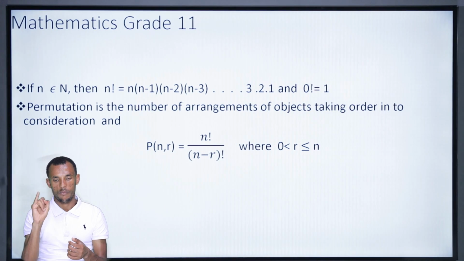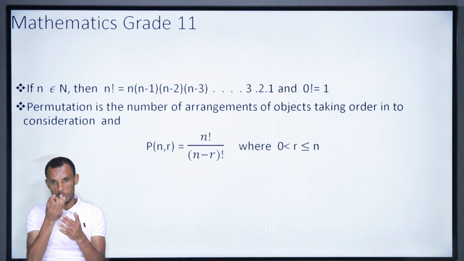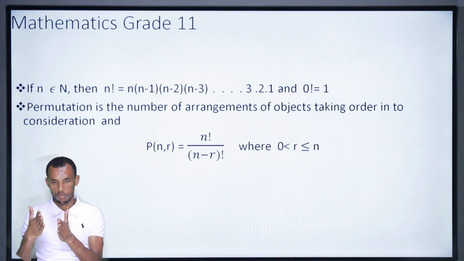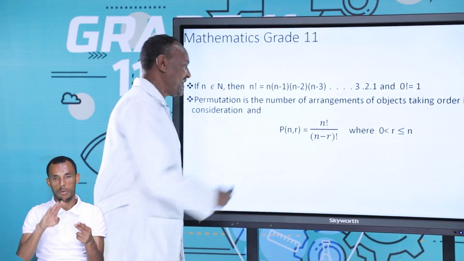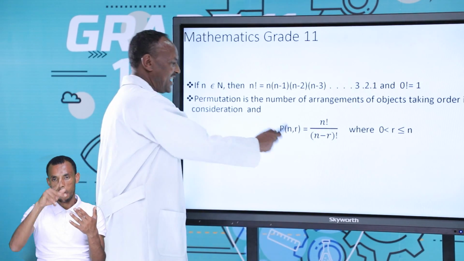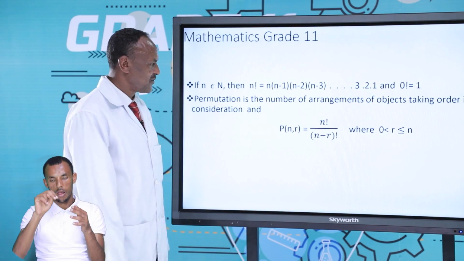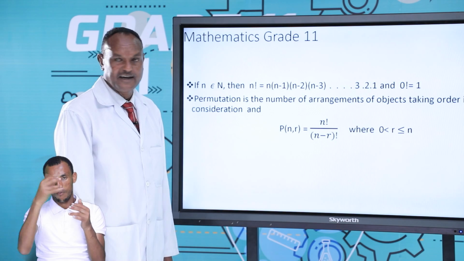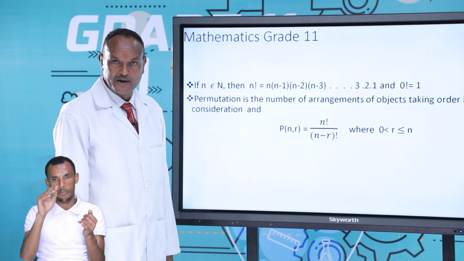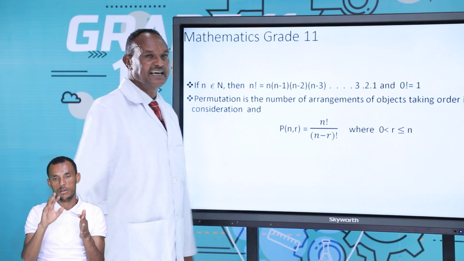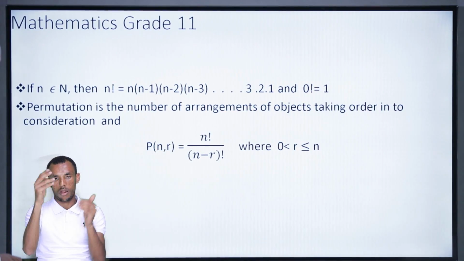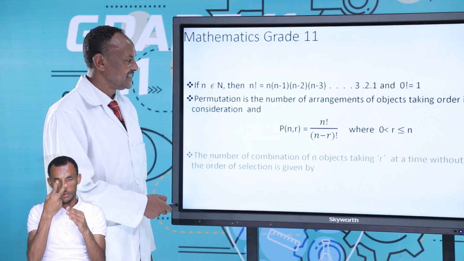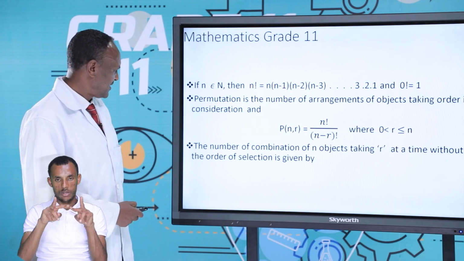If n objects are to be arranged, taking r at a time, we can calculate using the formula: the permutation of n comma r is equal to n factorial divided by n minus r factorial, where 0 is less than r, less than or equal to n. Here, order is taken into consideration.